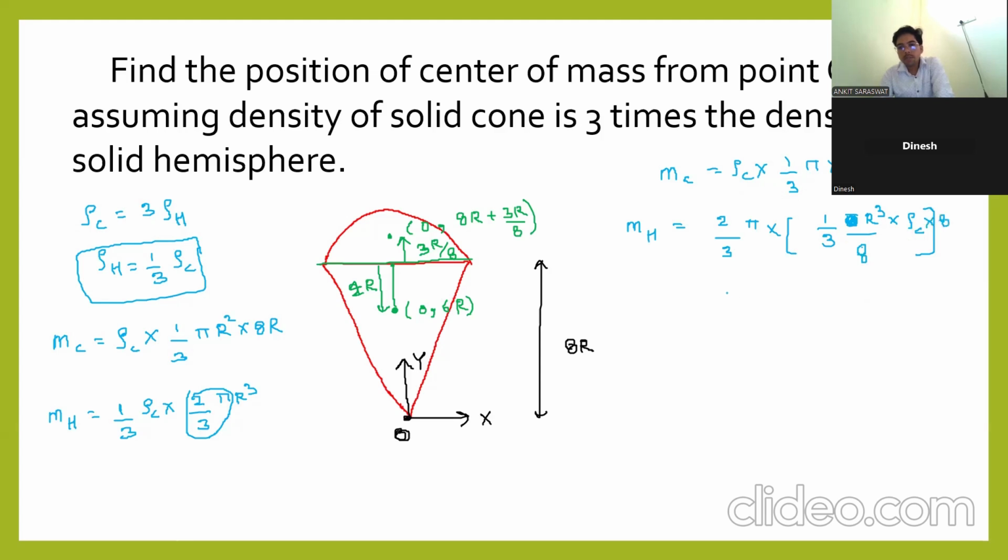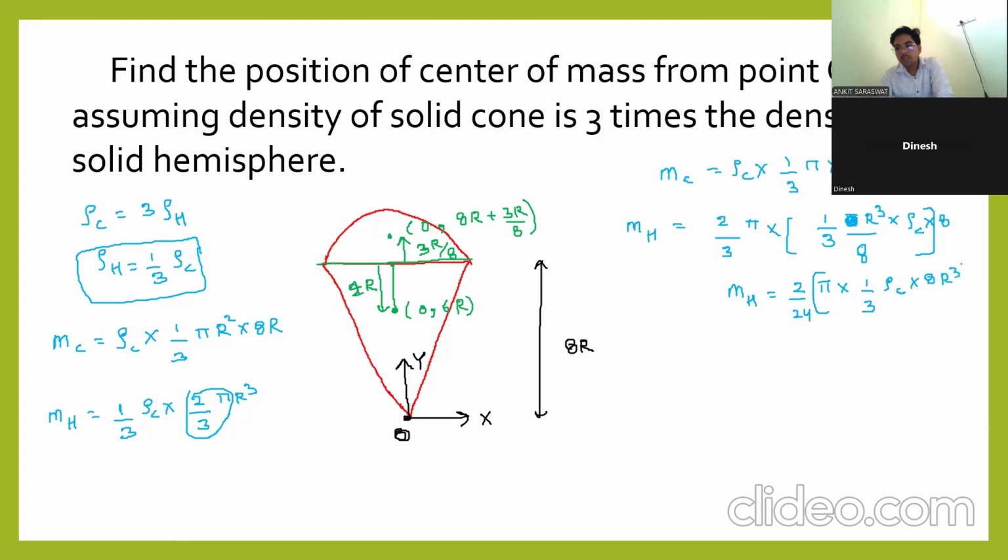So the mass of hemisphere will be 2 by 24 pi, and this becomes 1 by 3 rho c 8 r cube.